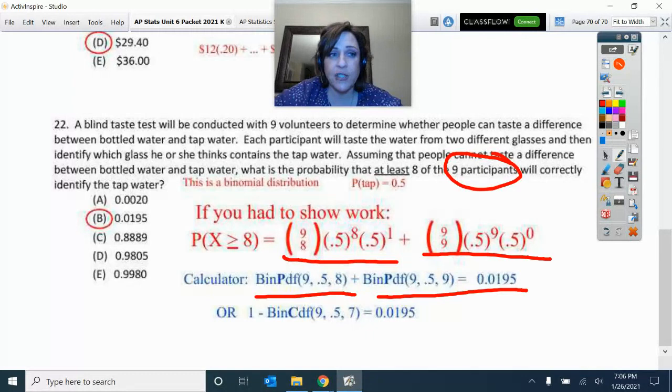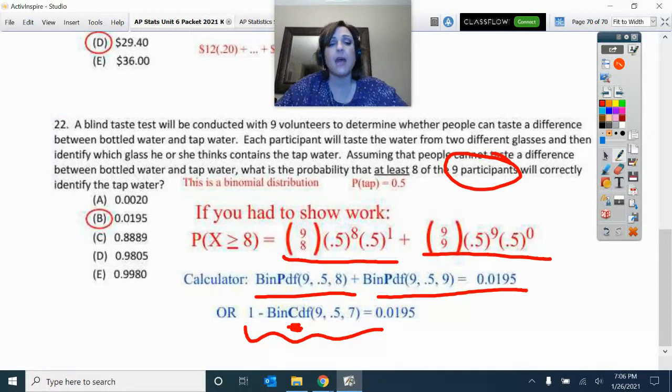And that's how we get our answer there. This was short enough that adding those two particular probabilities together wasn't a big deal. You could have done 1 minus the accumulation of the bottom 7, but it was short enough to just add those two PDFs.